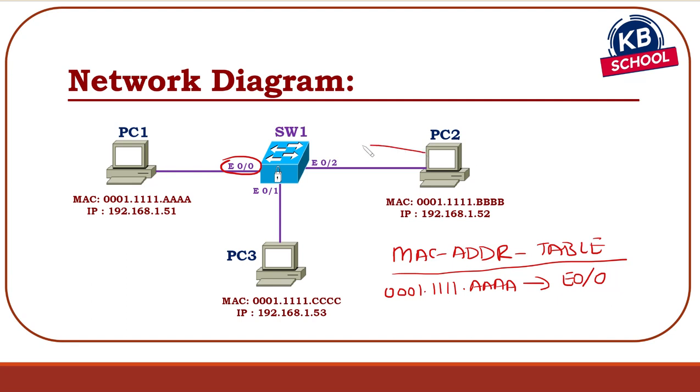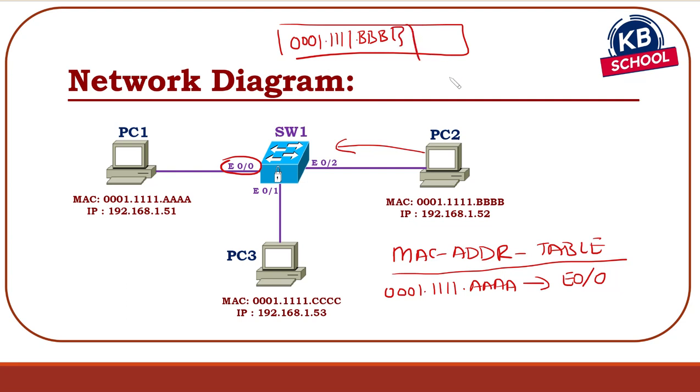Similarly, when PC2 sends a packet out, it would have a source MAC of 0001.11.11 BBBB, and let's say it's going to PC1's MAC. When the frame is received, the switch takes a look at the source first, says, I don't know about 0001.1111.BBBB.